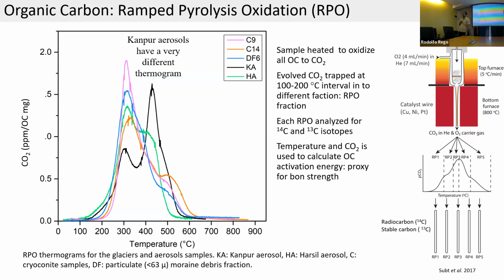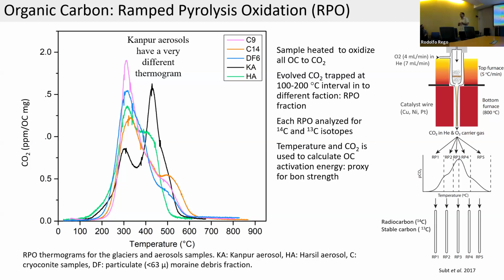This is a very different kind of measurement, where we looked into one sample and heated it up. Once you heat a rock up, it will oxidize and produce CO2 at different temperature intervals. So we trapped all the CO2 generated at specific intervals, and we did 13C and 14C measurements of those fractions.